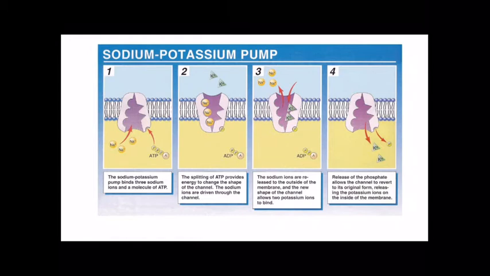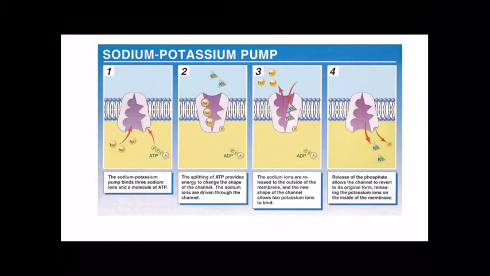The 3 sodium ions will come along. They're naturally attracted to those receptor sites, and there's also a receptor site available for ATP. So ATP and sodium all bond to the sodium-potassium pump.